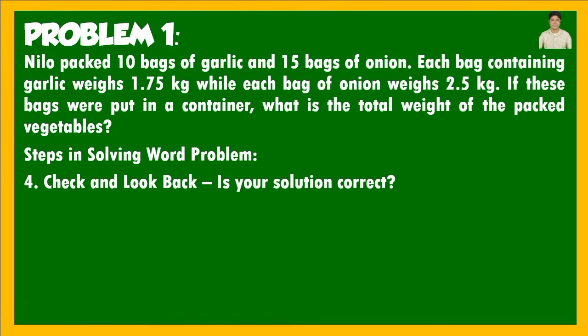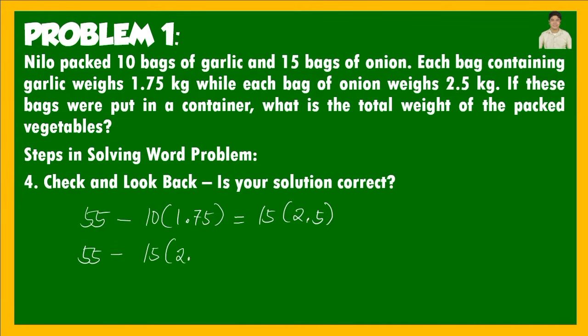And then, ang kailangan na sagot na makuha natin is yung product nung 15 tsaka 2.5. So, pwede nating ilagay ganito. 55 minus yung product nung 10 tsaka 1.75. Kailangan equal siya sa product ng 15 tsaka 2.5. Or pwede rin namang 55 minus yung product ng 15 tsaka 2.5. And then, kailangan ang makuha nating sagot is yung product ng 10 and 1.75.